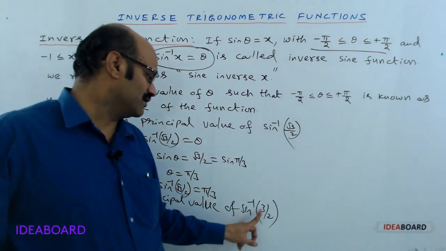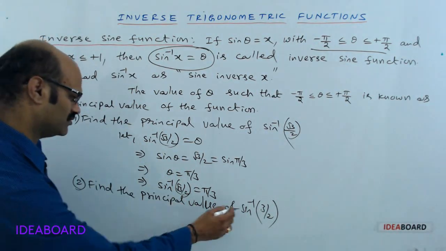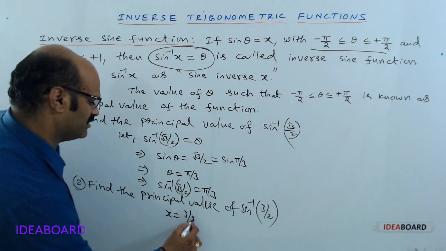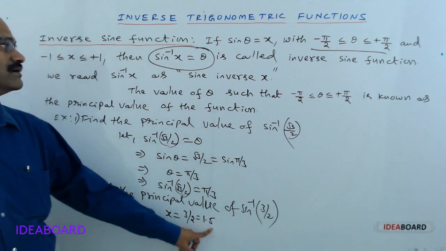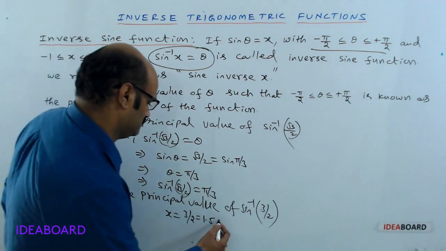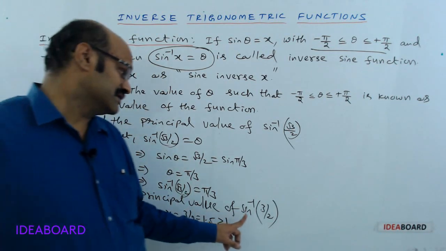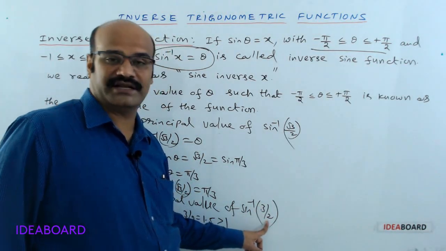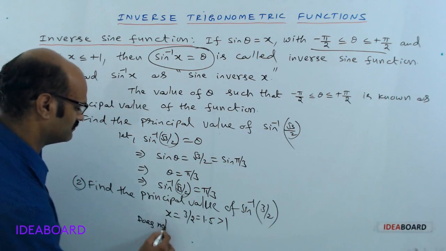Here 3 by 2 equals x, and 3 by 2 equals 1.5. 1.5 is more than 1, but it should be less than or equal to 1. So sin inverse of 3 by 2 value does not exist.